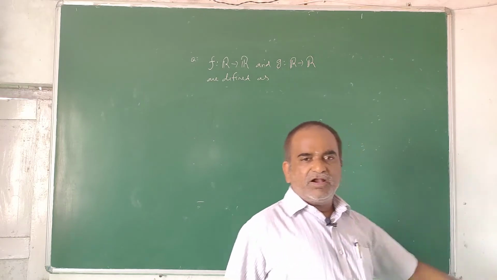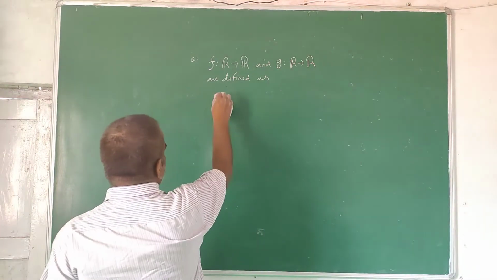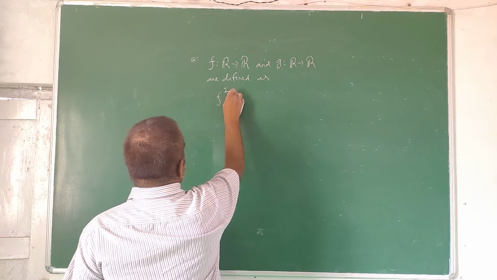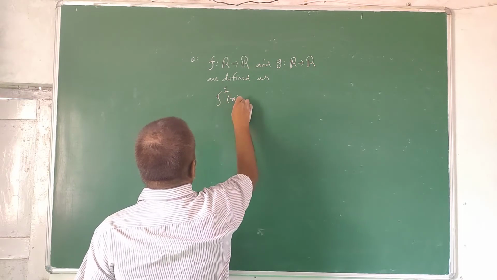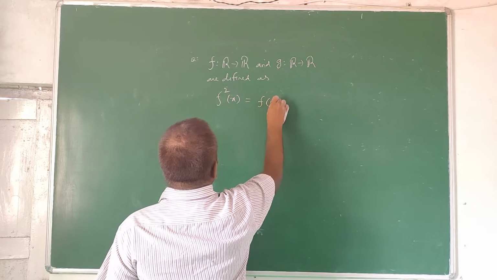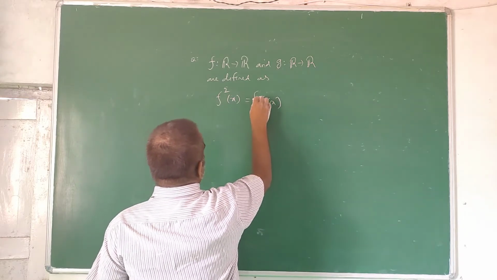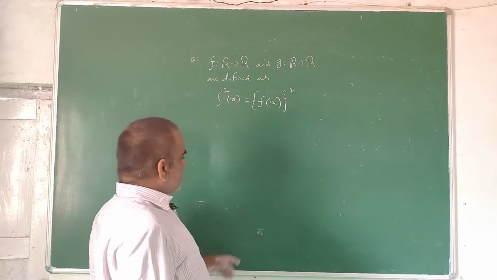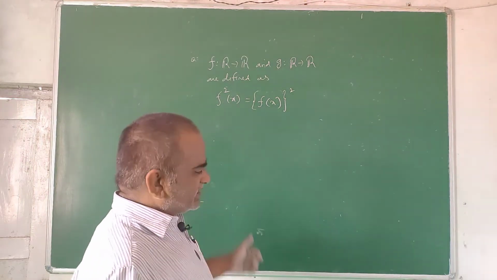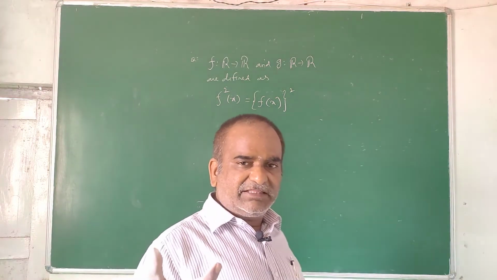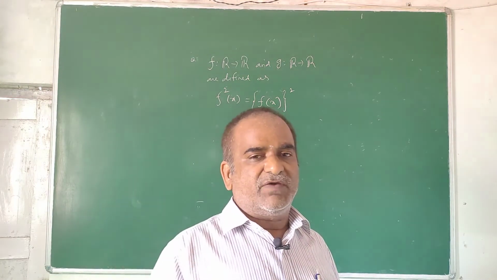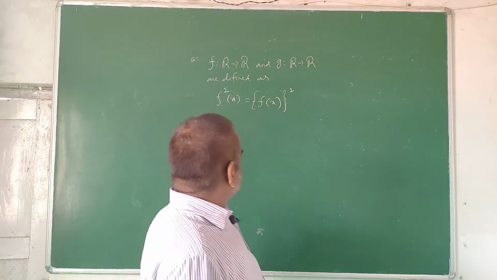Now suppose you want to find f square. So f square of x is equal to f of x whole square. And how have we taken f of x? Please take that definition: that function f of x whole square. Understood?